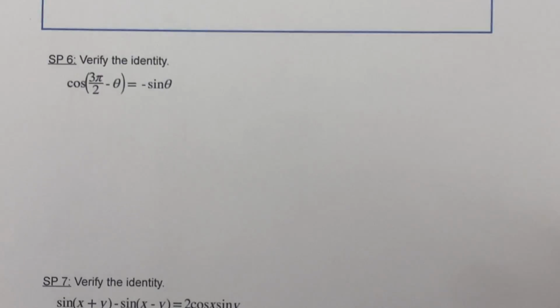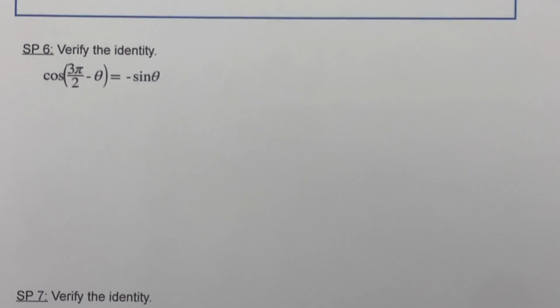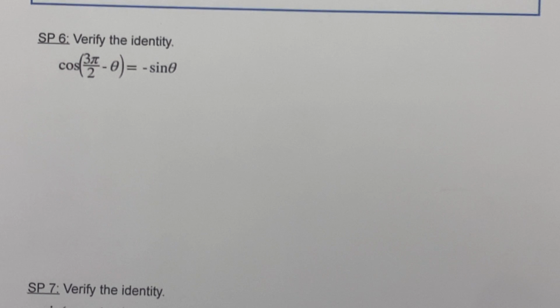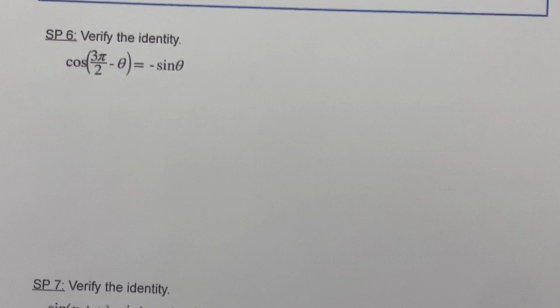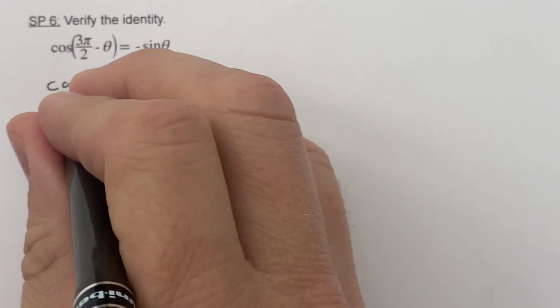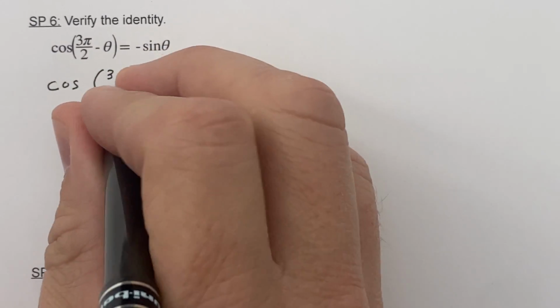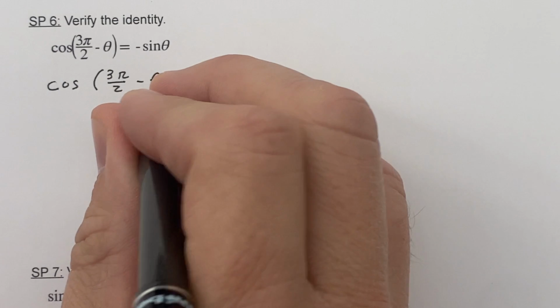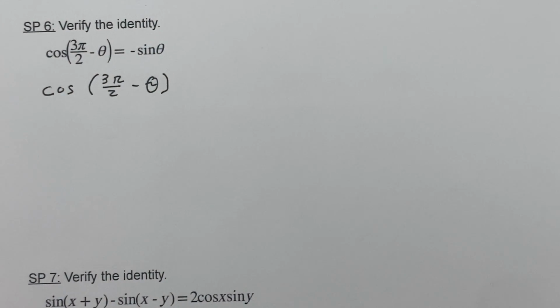We actually finish with a couple of verifies. Cosine of 3 pi over 2 minus theta. Honestly, it's just going back to the first page.